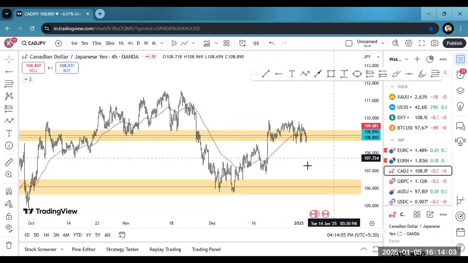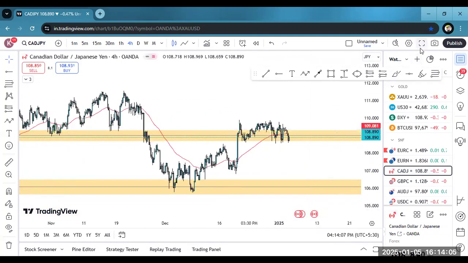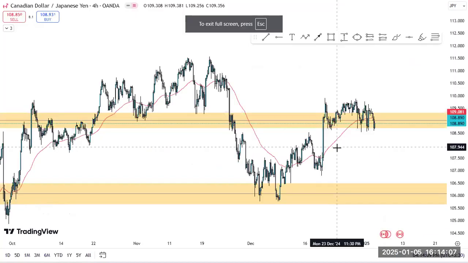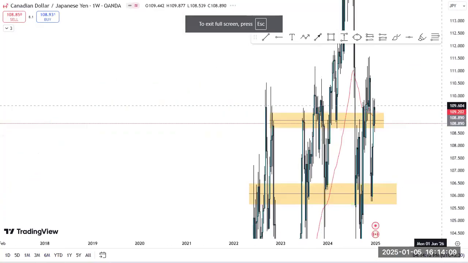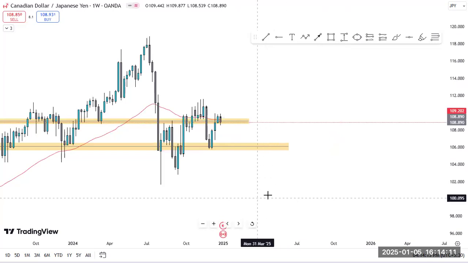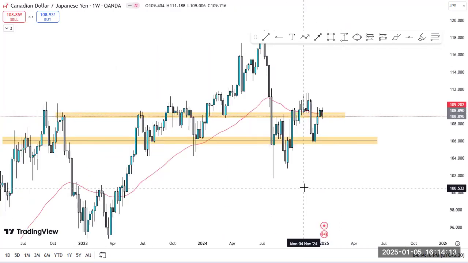Okay, CAD JPY on weekly. The JPY pairs, I'm literally confused between them because for some reason, they all act like, if one JPY pair is in downtrend, then all other JPY pairs can have the same trend.